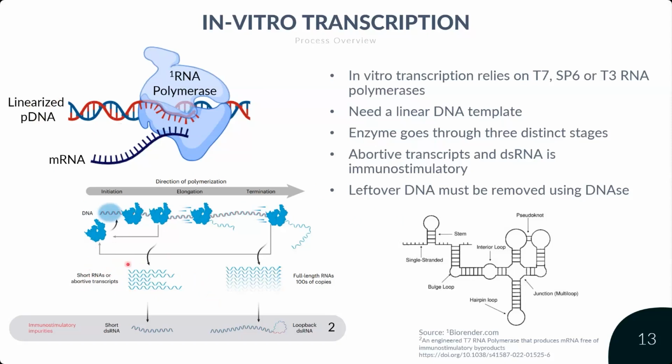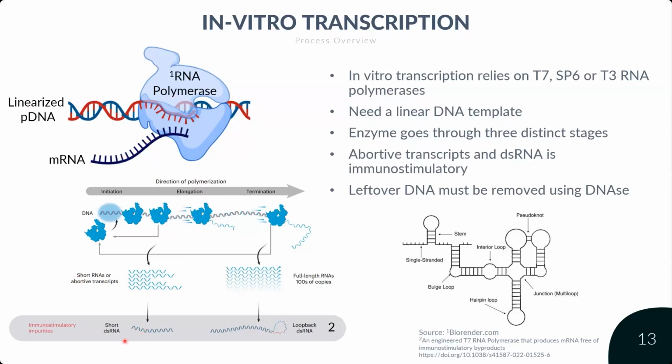The mechanism for this is yet unknown, but the hypothesis is that as the RNA polymerase binds to the DNA, it goes through several conformational changes, and until it reaches some sort of thermodynamically stable conformation, it will produce these short abortive transcripts. But once it's fully bound and in its more thermodynamically stable conformation with linearized pDNA, then the elongation step begins and you start to get your therapeutic mRNA.